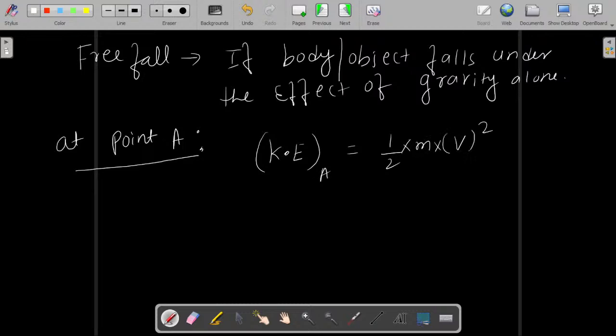But the body at point A is at rest. It is not moving. Since it is not moving, its velocity is 0. So put here 0. So kinetic energy is how much? Half m into 0 square. You will get kinetic energy at point A is 0.